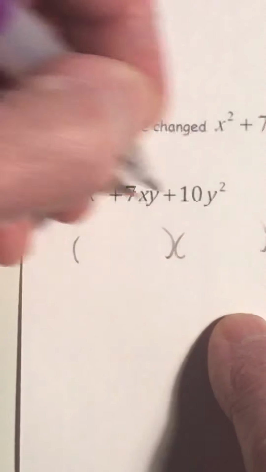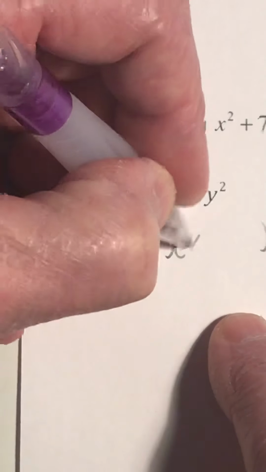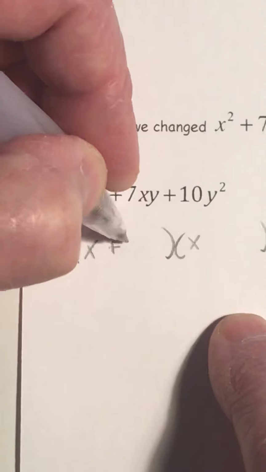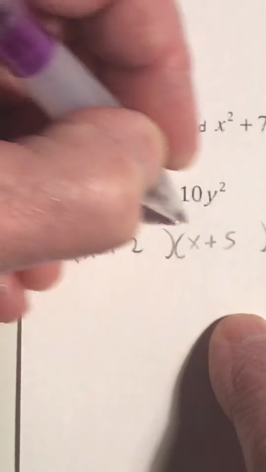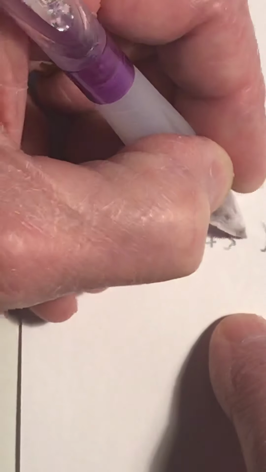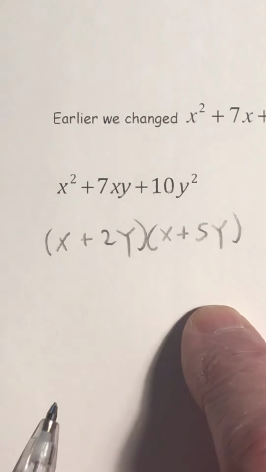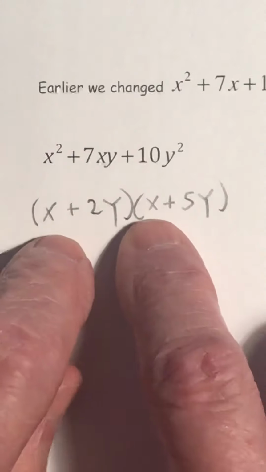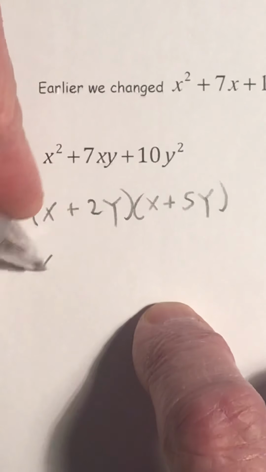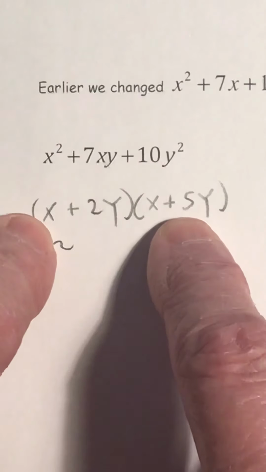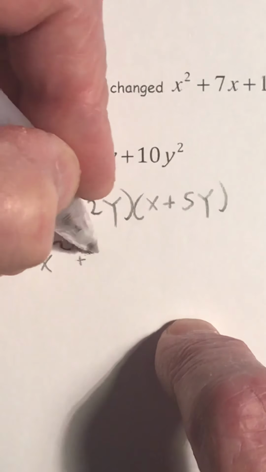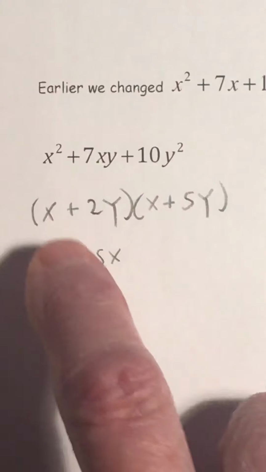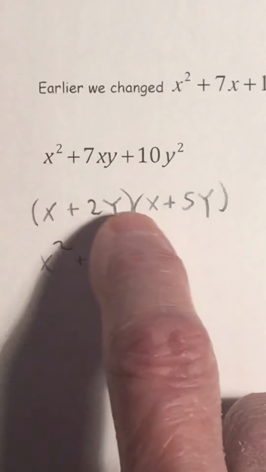So maybe if we had a y and a y inserted in our parentheses, instead of just x plus 2, x plus 5, what happens if we pop in those y's? If we multiply this out now, we get the x squared, and we get 5xy. Used up the x. Now we do 2y times x.